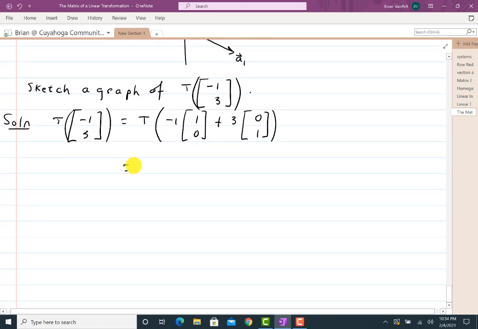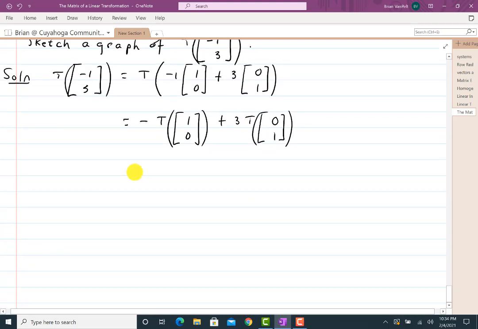And so that is negative T of (1, 0) plus 3 times T of (0, 1), which of course equals [T of (1, 0), T of (0, 1)].